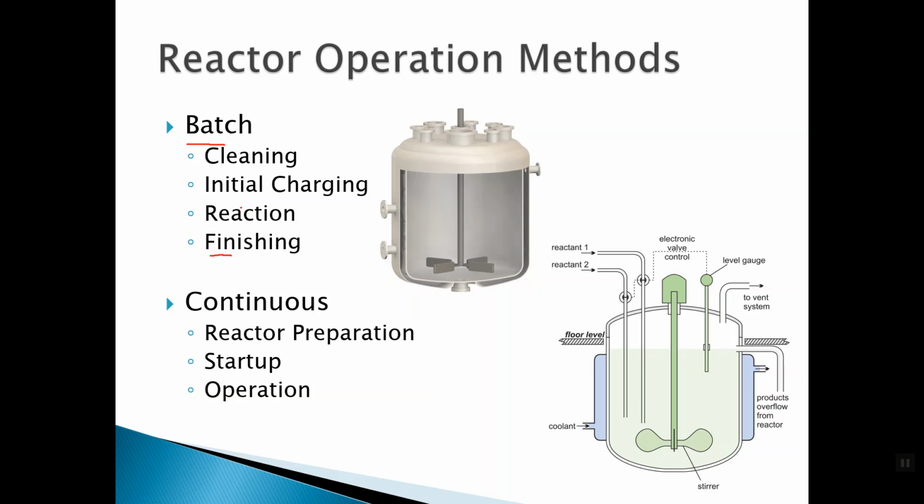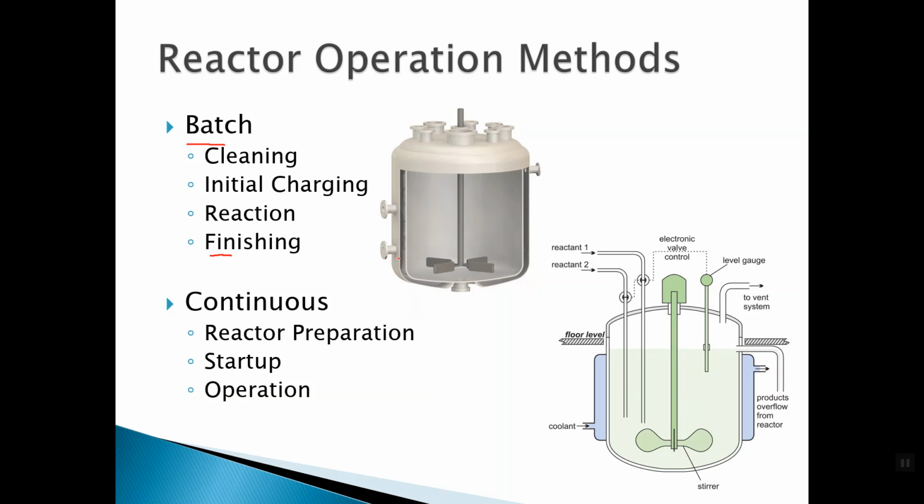And then what do you do? You clean it back out, and you start the whole process over again. Okay, so we clean the vessel out, we charge it with material, we let it react, and then we dump it all out. Continuous, we start it up and we run it. And so we continuously feed reactants in here, continuously stir it around, and continuously have products going out this direction here.